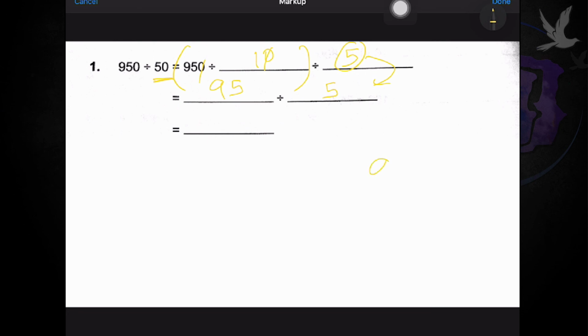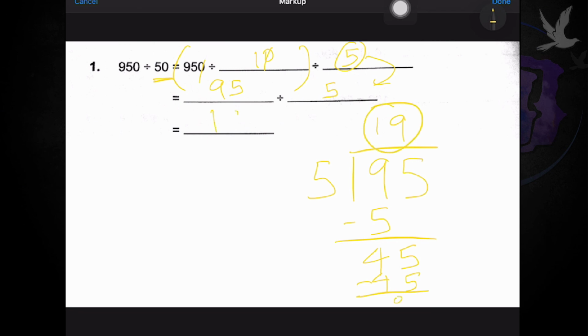Doing it the usual division process. 9 divided by 5 is just 1. 1 times 5 will give us 5. 9 minus 5 will give you 4. Bring down 5. 45 divided by 5 will give us 9. 9 times 5 is 45. So that leaves us with the answer of 19.